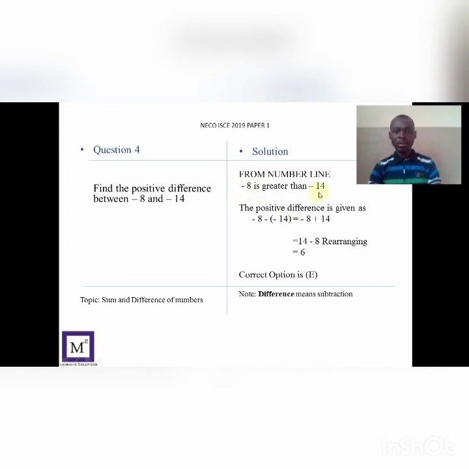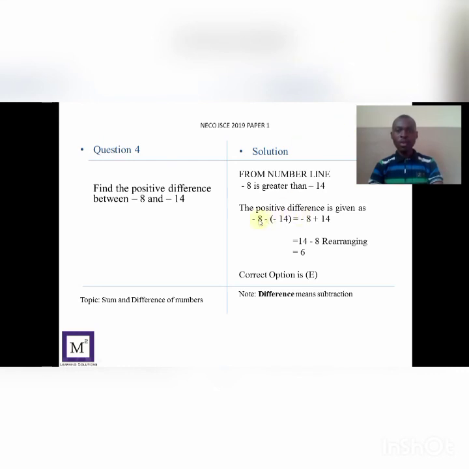So the bigger number between minus 8 and minus 14 is minus 8. That is, moving on the number line from 0, you get to minus 8 or you get to minus 14. If you are moving from the left to the right, you obviously meet minus 14 first before you get to minus 8, meaning that minus 8 is bigger than minus 14.